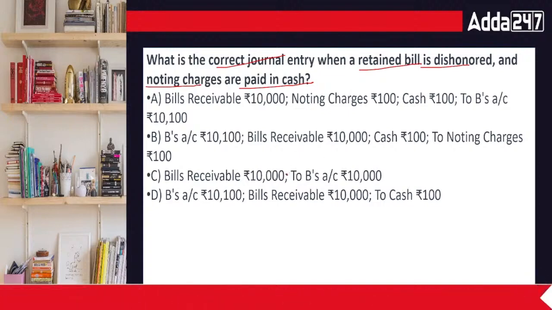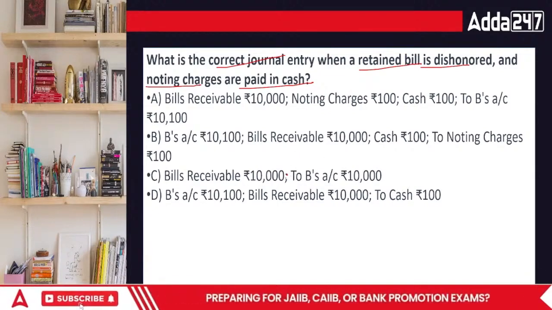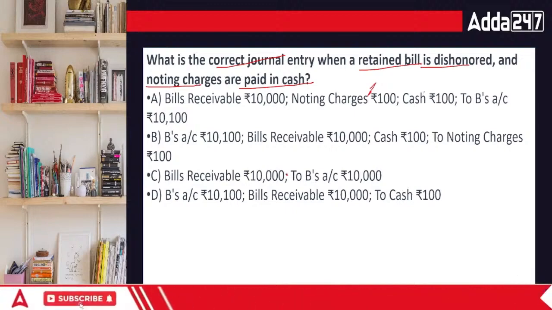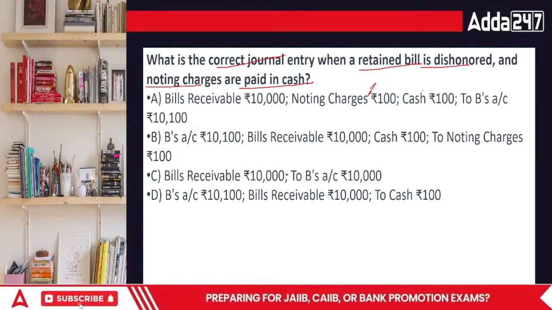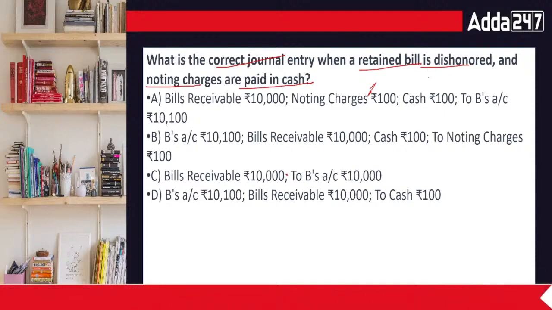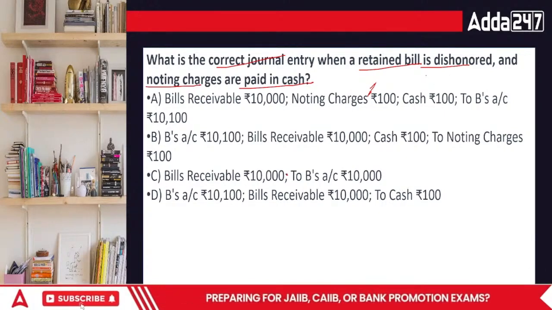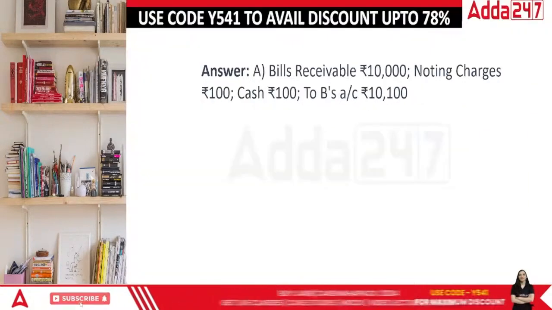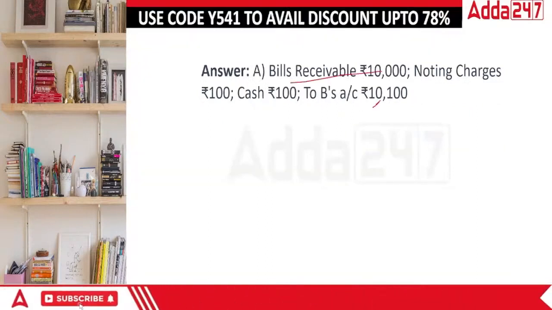In this case, what would be the answer? Bill receivable, noting charges, cash account debit, and B. Acha, the bill is retained, so that means we are having the bills in our hand only. In this case, the correct answer comes out to be the bills receivable that we have, for rupees 10,000.